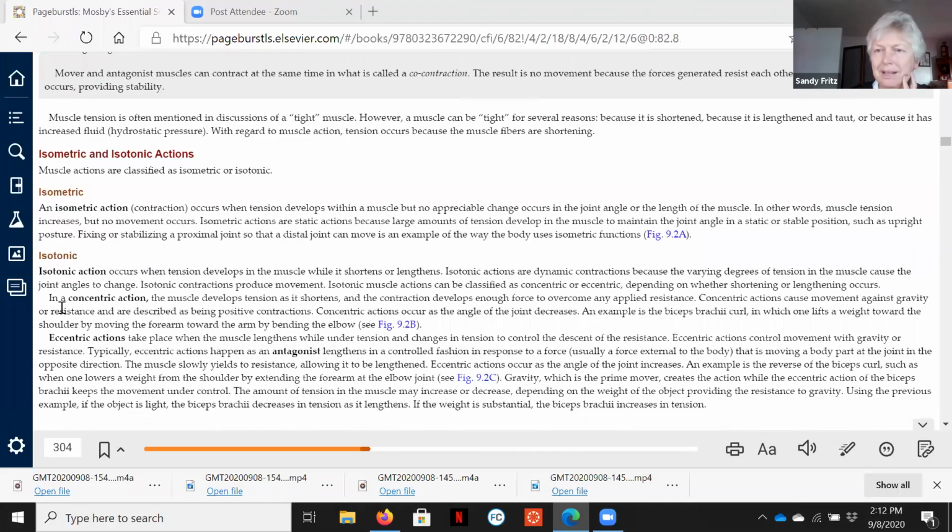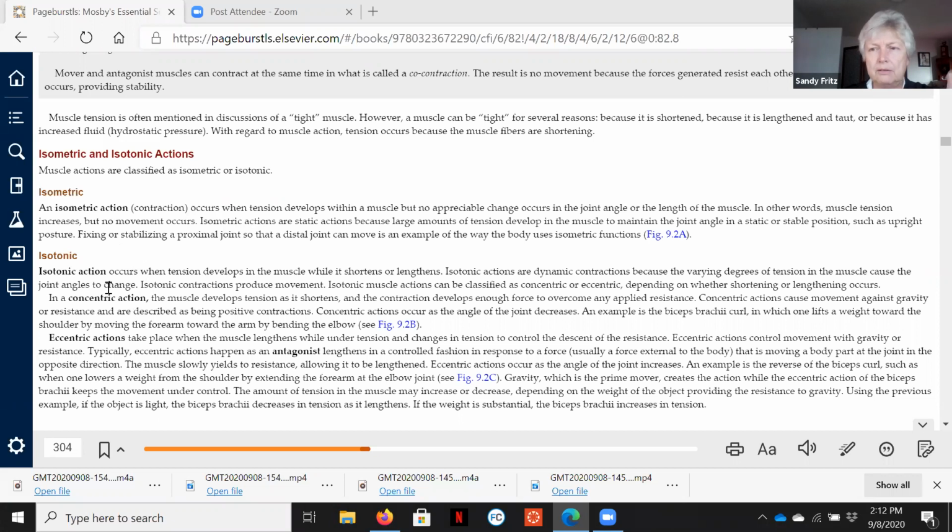The isotonic movements, or the isotonic actions, are specific when movement is actually occurring. When the fibers pull at each other, the actin crosses over the myosin, something is going to happen. So you'll see something. A tone can increase in an isometric, and you won't see anything happen.